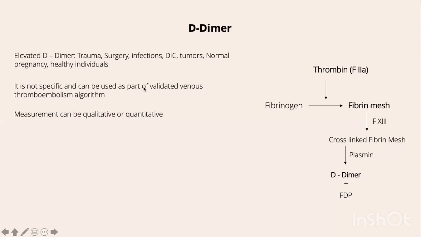It can be used with other tests or an algorithm to diagnose diseases, but by itself, it's not specific. And some labs use the qualitative form to measure the D-dimer, which is just positive or negative, or they can use quantitative assays to measure the D-dimer.